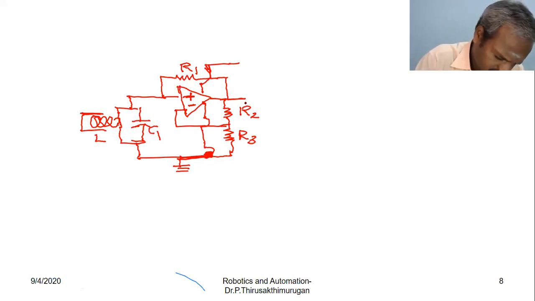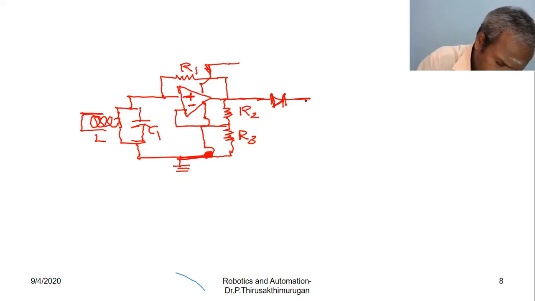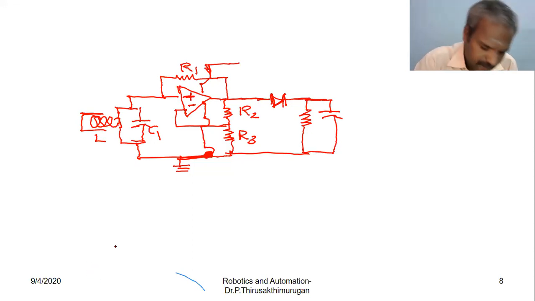So you see what the components in the demodulator are. The demodulator consists of a diode, a resistor and a capacitor.